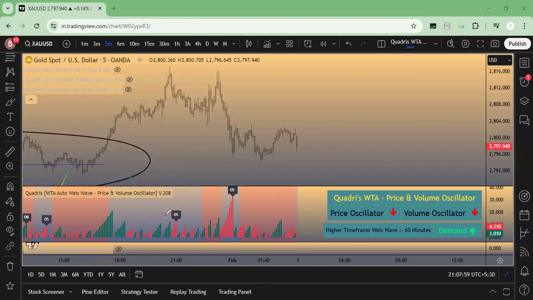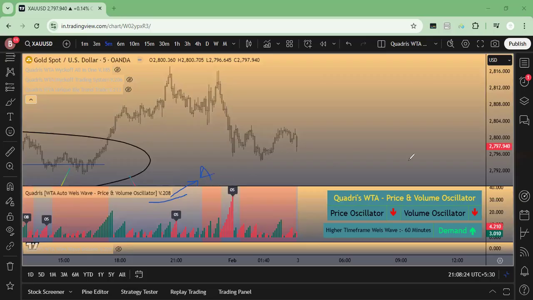Whenever there is a new update or a new version release, certain codes and certain things are added based on the previous versions. In a few days, the 208 version would be updated, and alerts would be added into it.